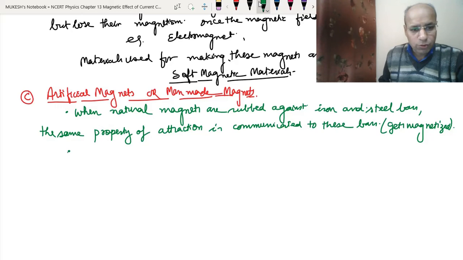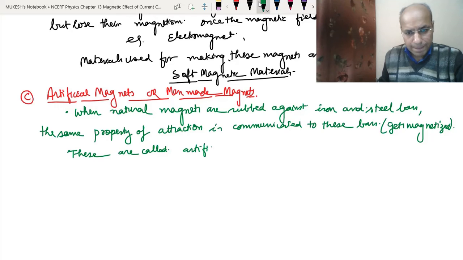And these magnets are called artificial magnets. Example: bar magnets, horseshoe magnets.